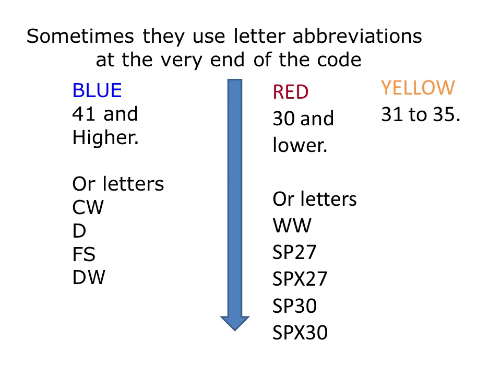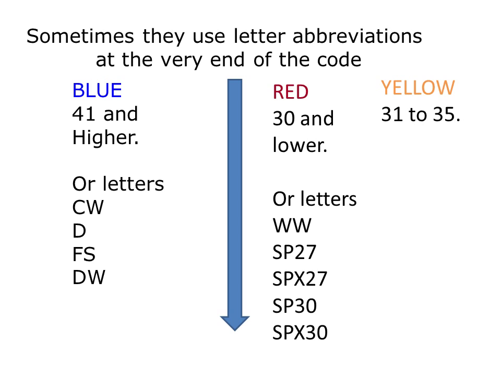Now, just to make things difficult, there are some lighting companies that use letters instead of numbers. Yes, we can't have things be too simple for you. So, letters CW, D, FS, and DW are all code for high blue emissions.